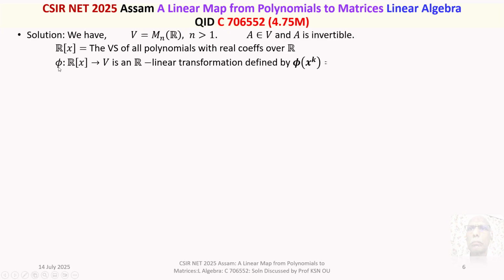It is given phi is a map from R[x] to V, an R linear transformation defined by phi of x^k is equal to A^k for all k greater than or equal to 1, and phi of 1 is equal to the n by n identity matrix.